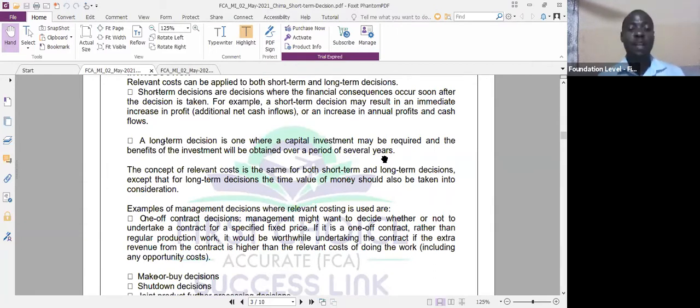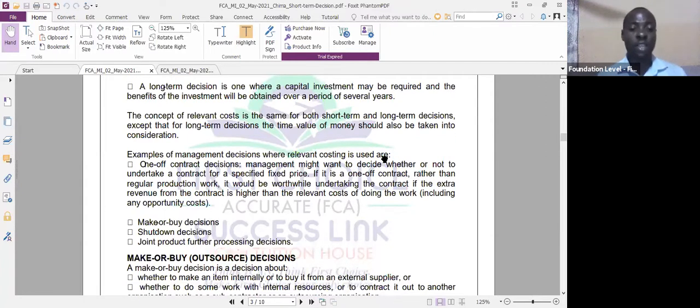Then we have other decisions such as make or buy decisions. Now, the make or buy decisions, we're going to talk about in a short while. Then we have a shutdown decision. Now, a shutdown decision is either you want to shut down a product that is not doing fine or continue. Then we have the joint product or further processing decisions. Now, this has to do with products that are joint, like crude oil splitting up into petrol, diesel, and kerosene.